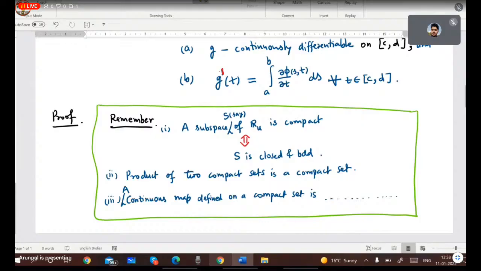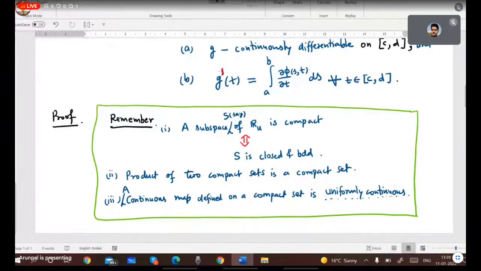Actually, that is the beauty of compact sets. One of the big advantages of studying continuous maps on compact sets is that every continuous map is uniformly continuous. That's the main thing. And uniformly continuous maps are very strong.